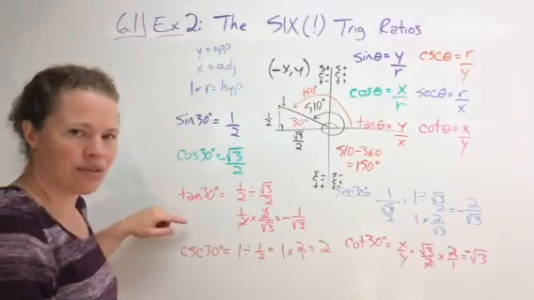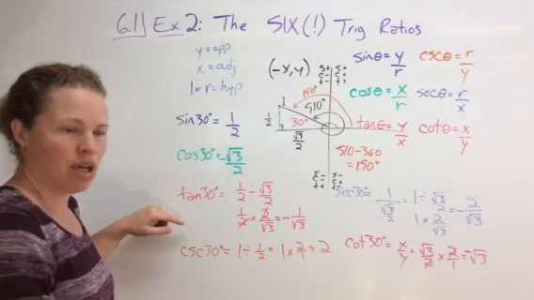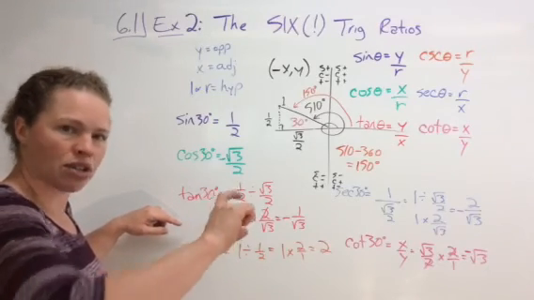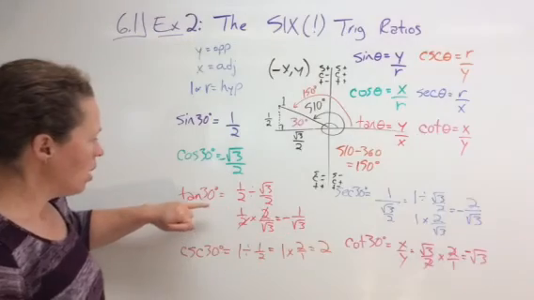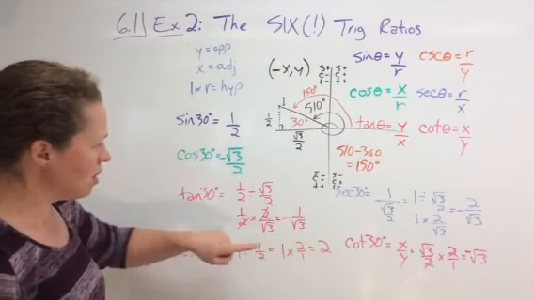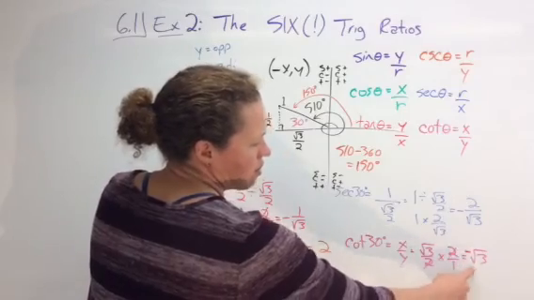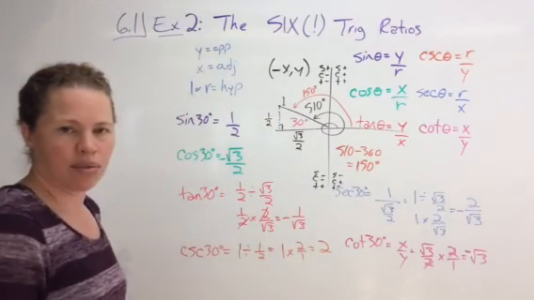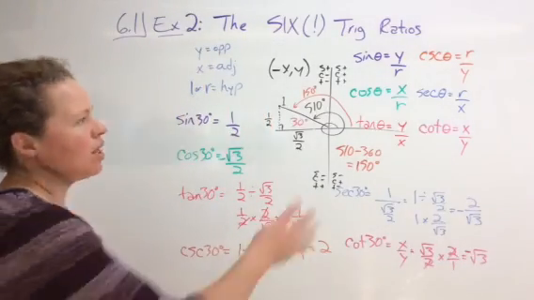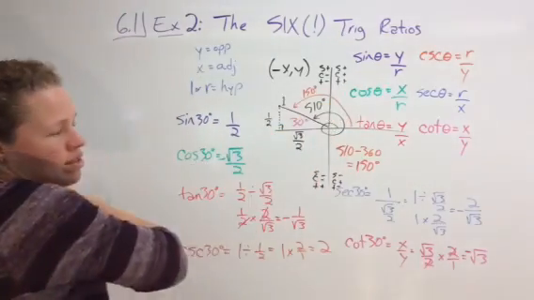Notice that the negatives aren't opposites. They're the same. It's just the fraction that's flipped upside down. And for the last one, tan is negative 1 over root 3. Cotan is negative root 3, and it could be negative root 3 over 1. It means the same thing. So they are the reciprocals of each other.